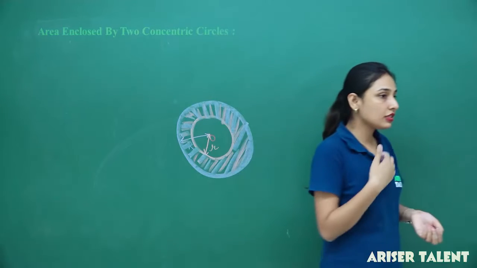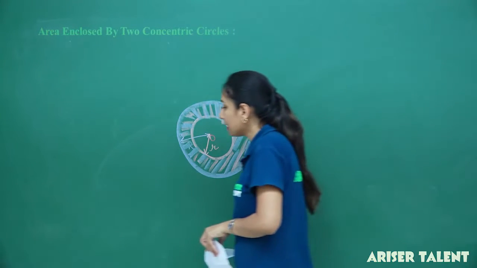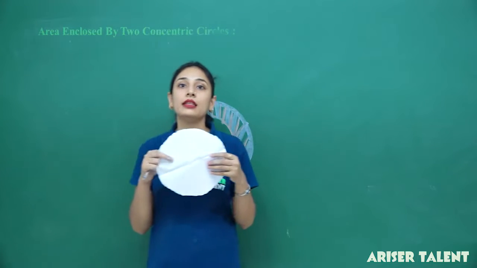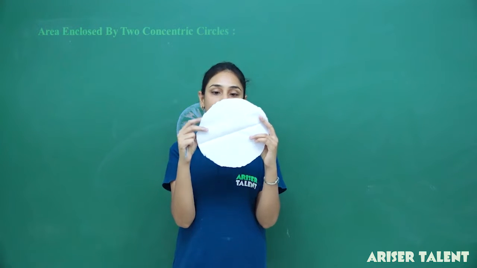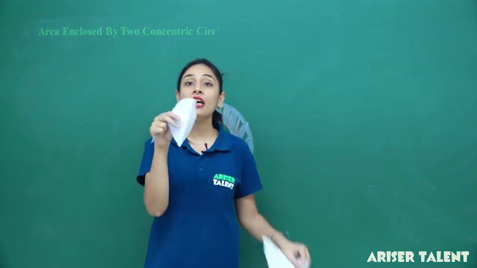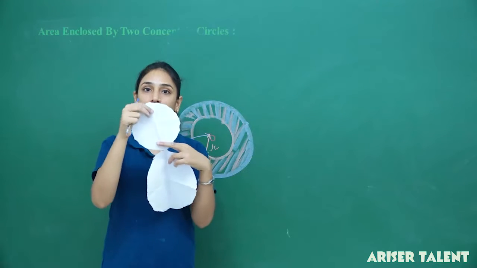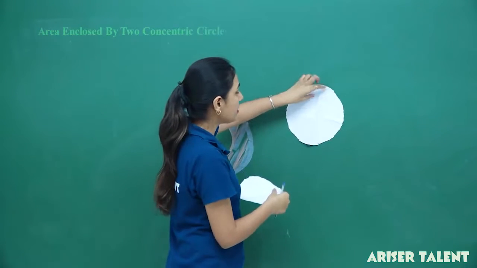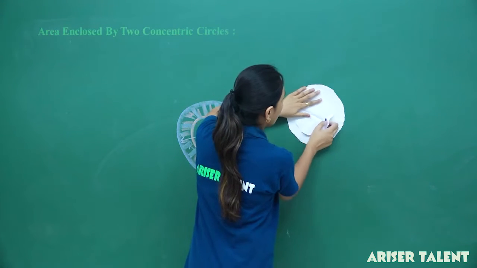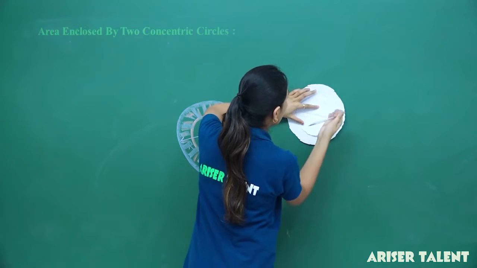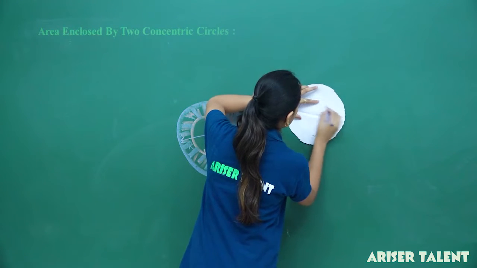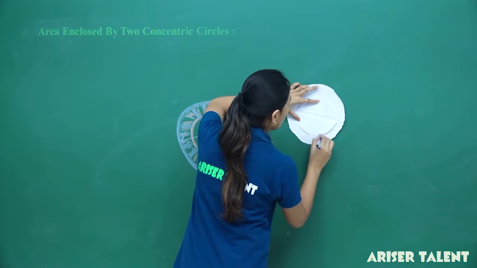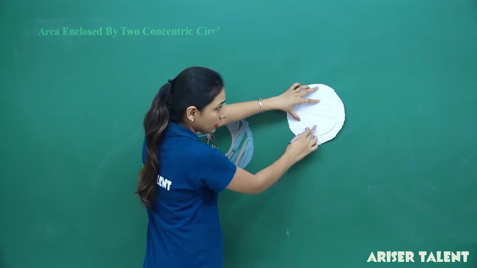You can visualize it like this, that you are having this bigger circle and you are having this small circle, right? So this is the first circle, this is the second circle.